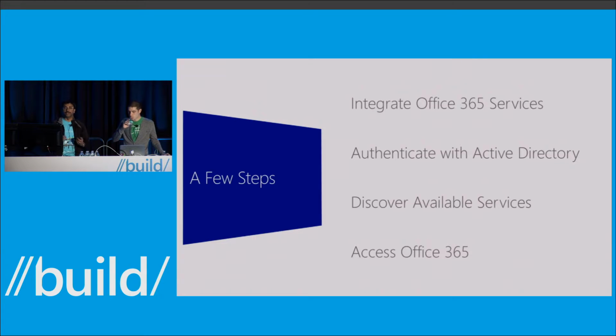So you need a way to authenticate the user, consent for the requested resources, and once consented, you will have the token with which you can now go and discover the available services, because you could be in different regions and your servers could be in different data centers. You need to know where your Exchange server is. You need to know where your OneDrive servers is.